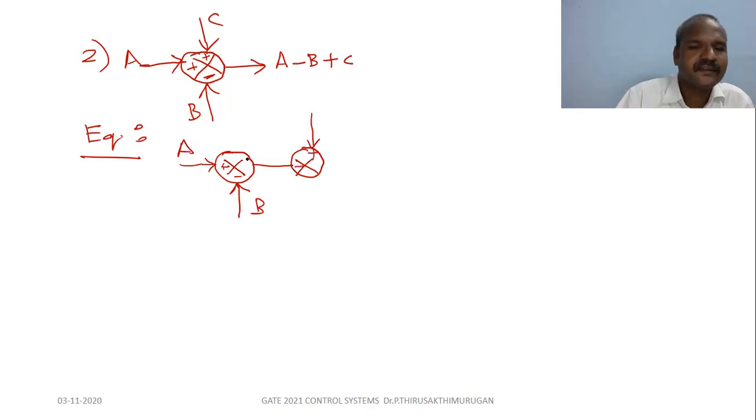So here is A minus B, this is C. So what is the resulting? A minus B plus C.